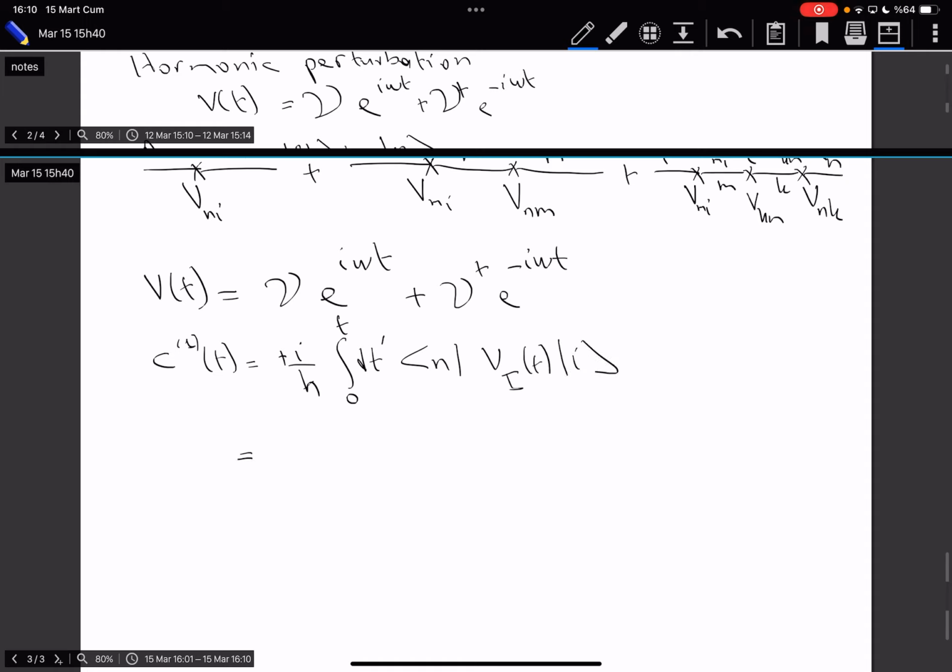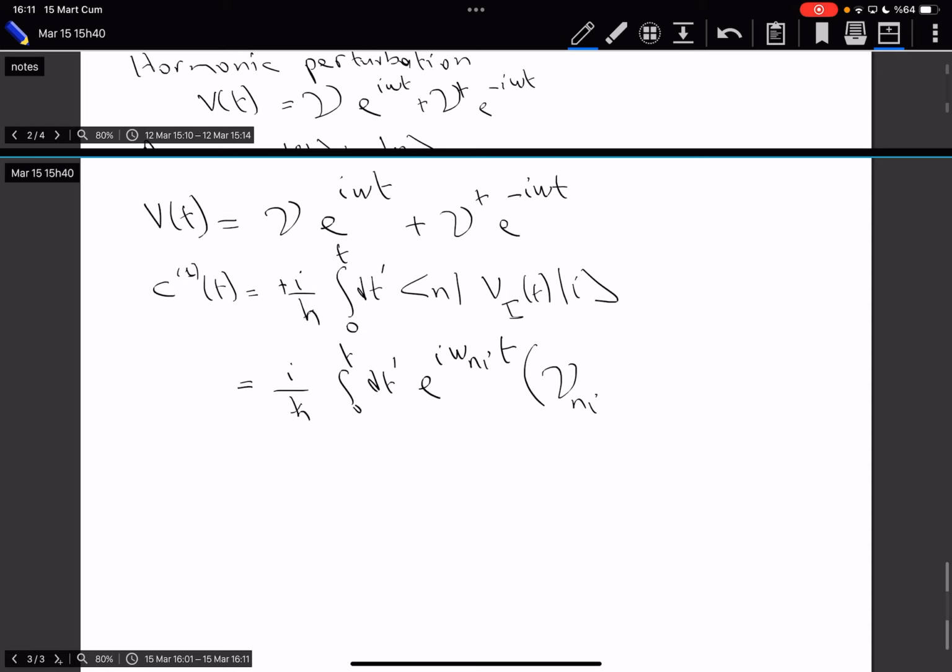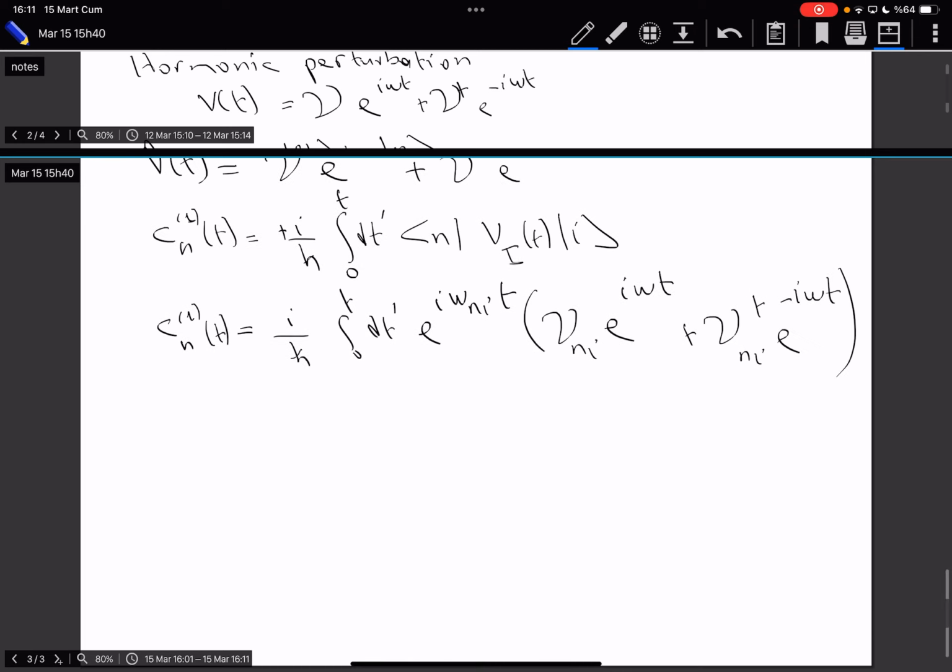Which will be i over h bar integral from 0 to t dt prime e to the power i omega_ni t prime, V, e to the i omega t plus e to the minus i omega t.